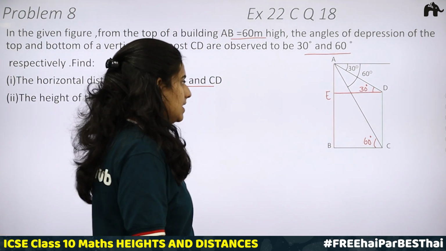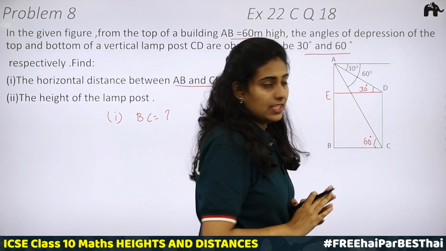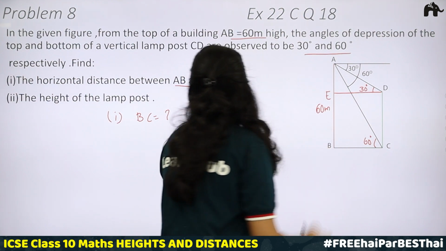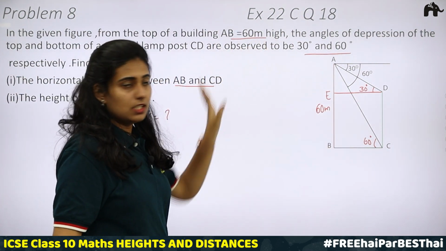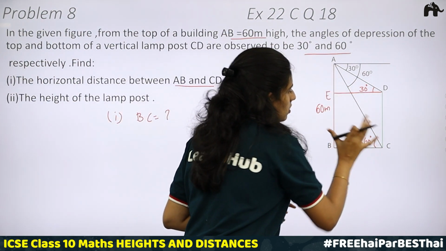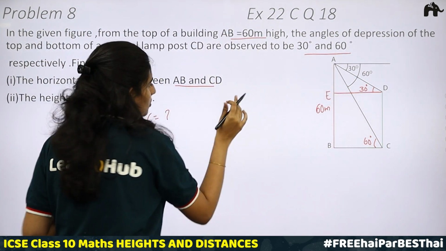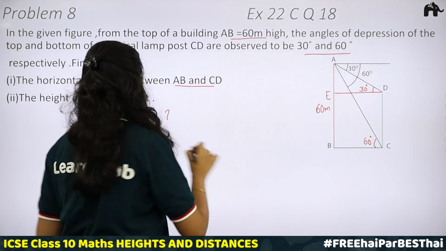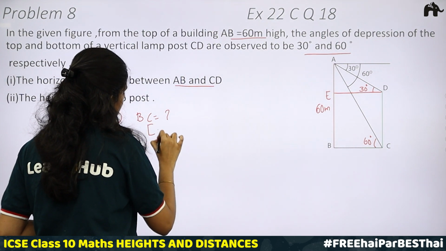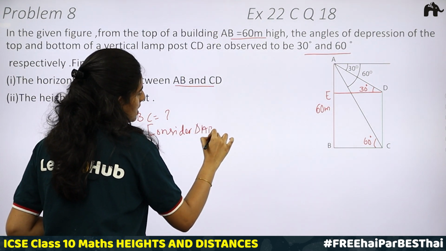How to find BC? Here it is given that the height of building AB is equal to 60 meter. We can easily find what BC is. What should be done? Yes, we have to take the tan of 60 degree. Now consider triangle ABC.